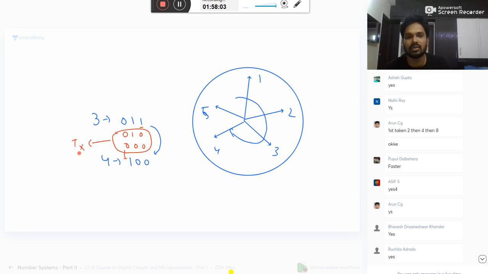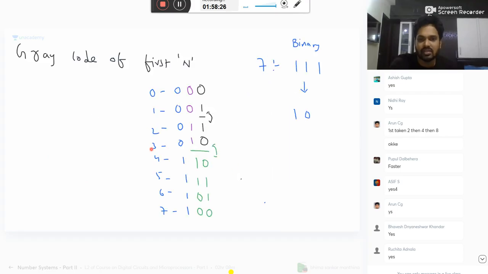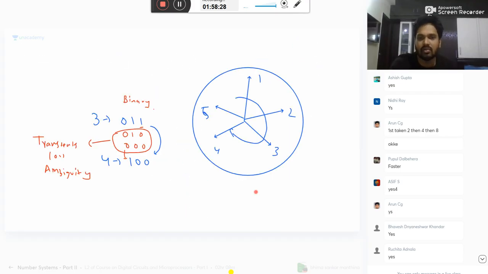Ambiguity is coming. We call it transient or ambiguity. This will be there if you take binary. But for gray code, this problem will not occur. Why? See here, 3 is 0 1 0, 4 is 1 1 0.